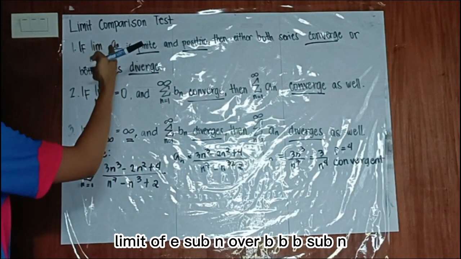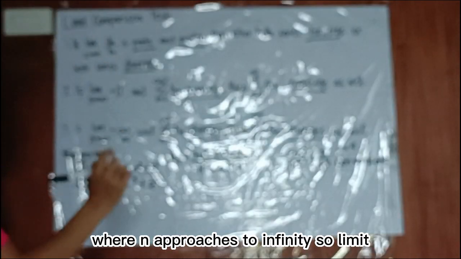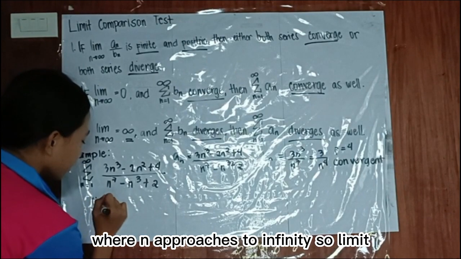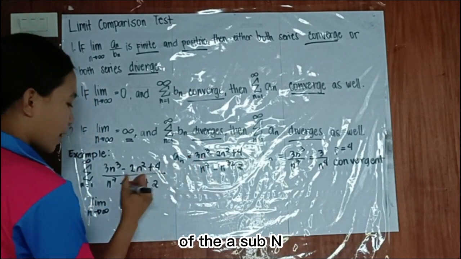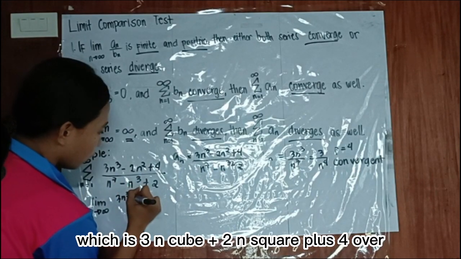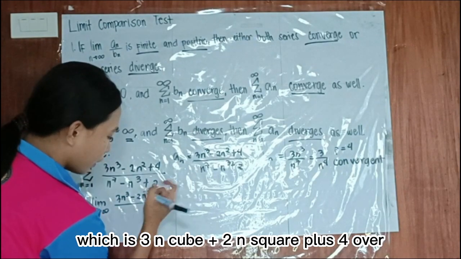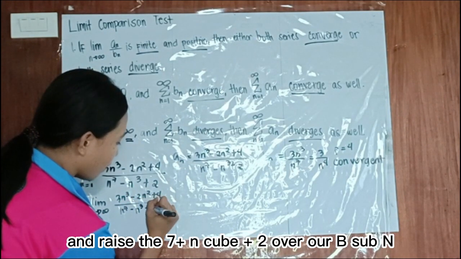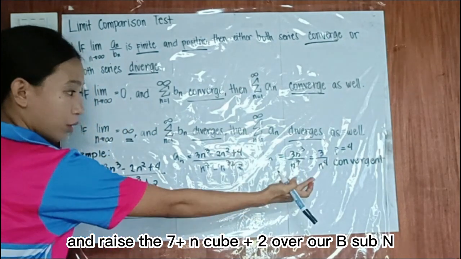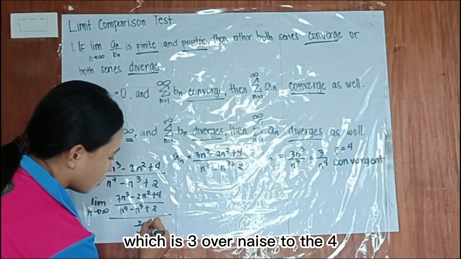Limit of a sub n over b sub n where n approaches infinity. So, limit of a sub n, which is 3n cubed less 2n squared plus 4 over n raised to 7 less n cubed plus 2, over our b sub n, which is 3 over n raised to the 4th.